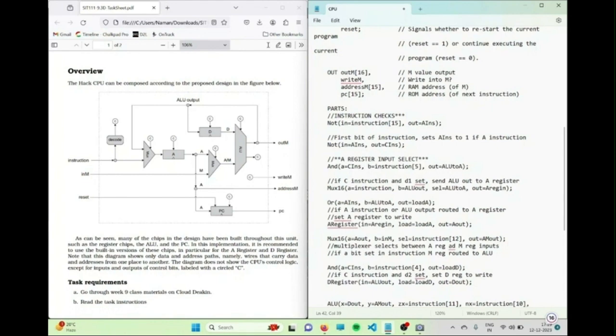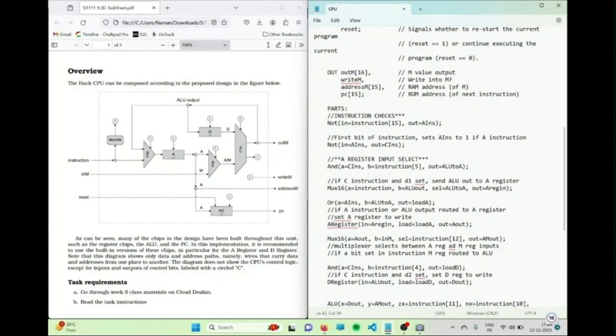If the op code is 0, then the instruction is an A instruction, while if the op code is 1, the instruction is a C instruction. However, in the figure, the A register is fed by either the instruction input or the ALU output. If the instruction is a C instruction, it does the computation in the ALU and the ALU output is fed to the A register.